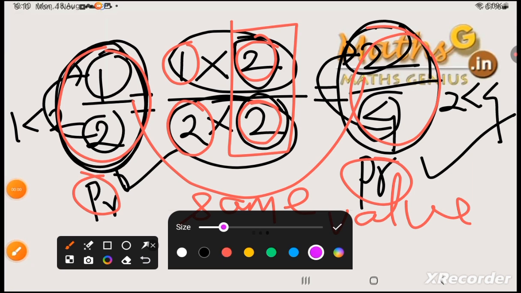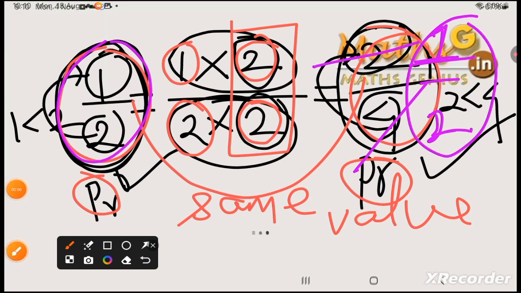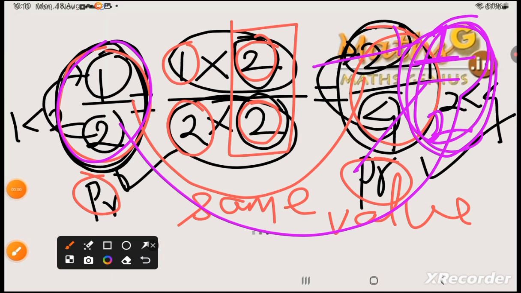Because if I divide this 2 by 2, it will become 1. Again if I divide this 4 by 2, it becomes 2. So this will become 1 by 2, which is the number we started with. So 1 by 2 is nothing but the same as 2 by 4.